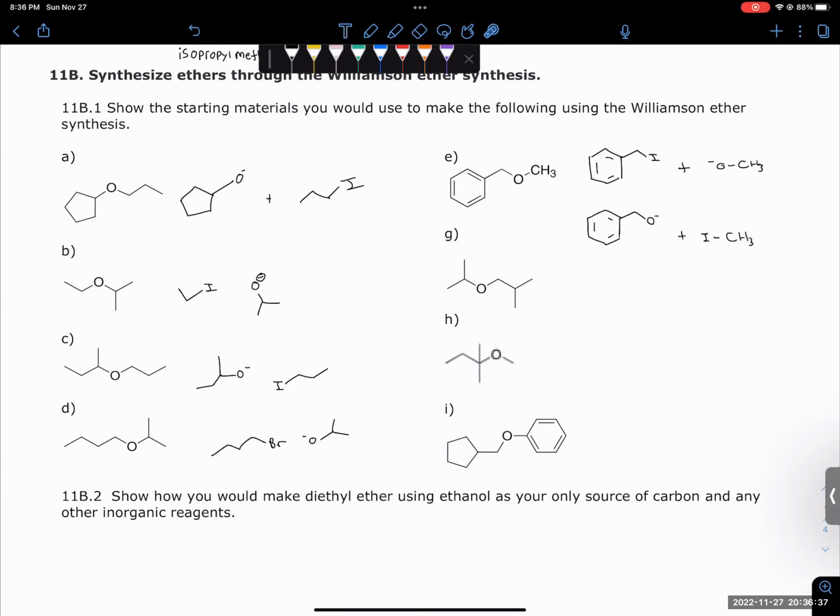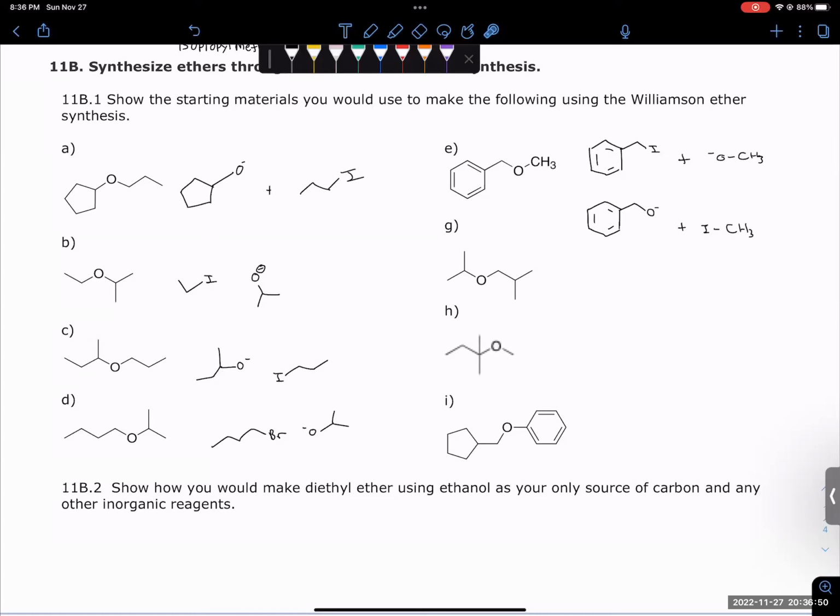Why? Because in order to form a carbon-carbon double bond, you need more than one carbon. And clearly, a methyl group only has one carbon, right? So these both would work, is what I'm saying. So these both are perfect, either one.